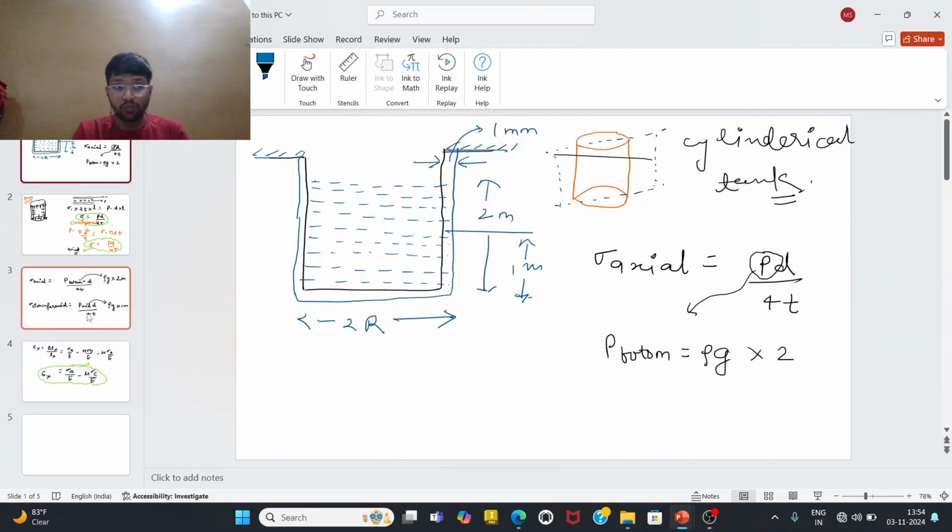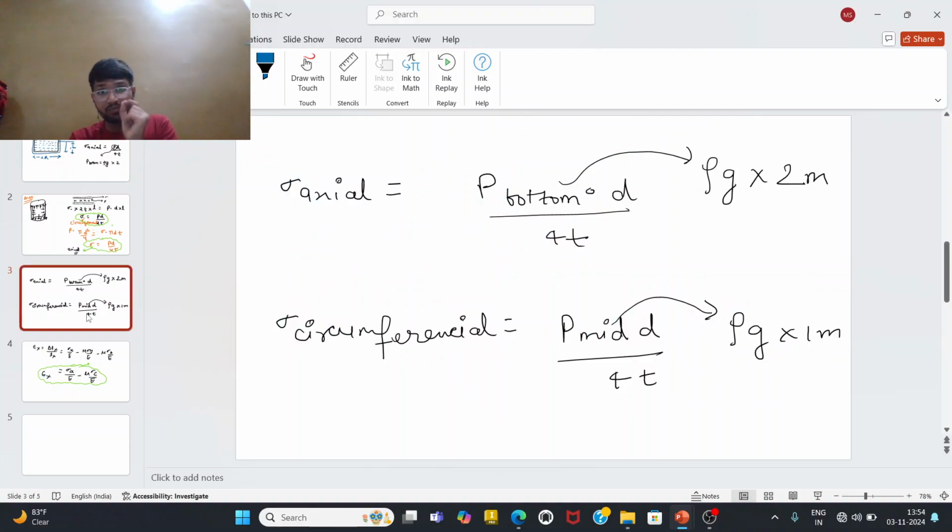For the axial stress, we take the bottom pressure, because while deriving this formula we assume the pressure at the bottom level. In the non-uniform case, we try to find how much pressure there is at the bottom.